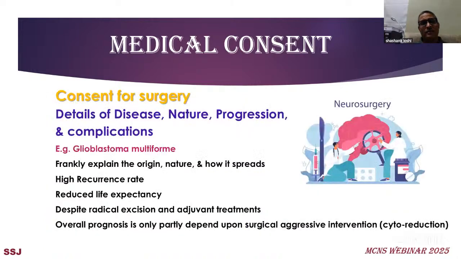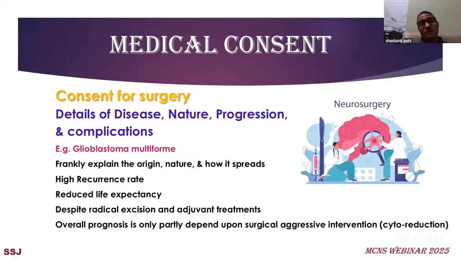I will give an example for the first point, details of the disease. I'm taking the example of glioblastoma multiforme. If we are operating on a GBM patient, what has to be told to the patient? We have to frankly explain the origin of the disease, its nature, how it spreads, and how it has affected the patient's brain.